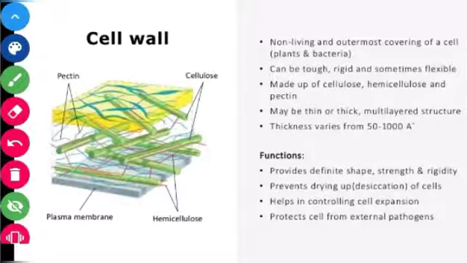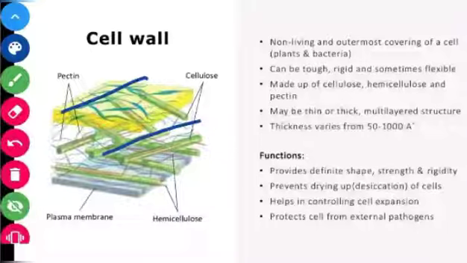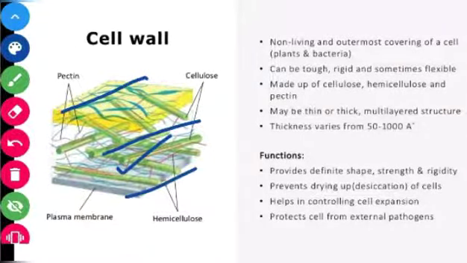The first function of the cell wall is that it provides a definite shape, strength, and rigidity. It gives a definite shape for the cell and strength also. Why? Because it has parts, multiple layers. This yellow color is one of the layers, this green color is one of the layers, and this red color is one of the layers, and downside is the plasma membrane, which also protects the cell wall.